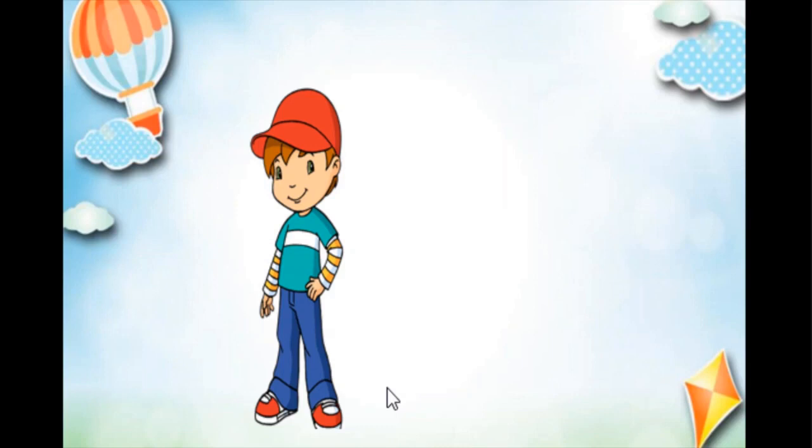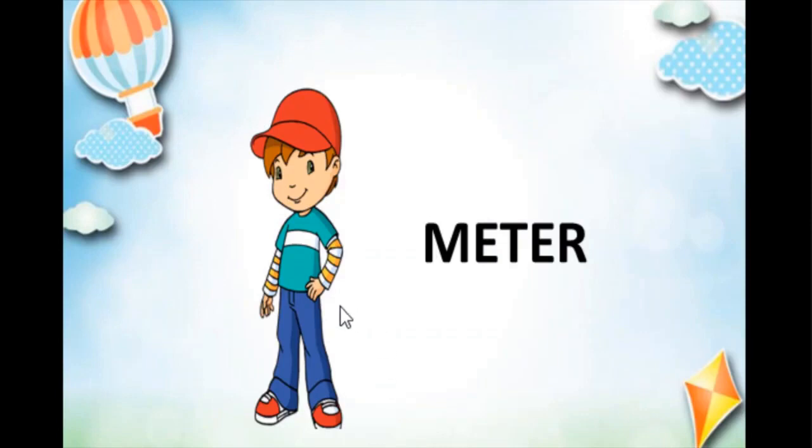Okay, very good. You use the unit of meter. Why? Because the height of the boy is not short nor small. We will use meter. Good job.